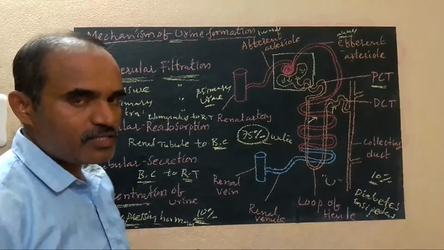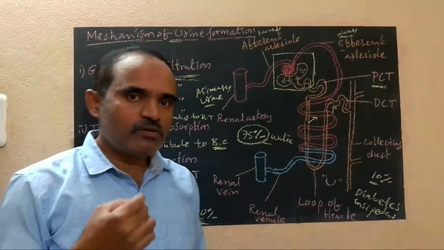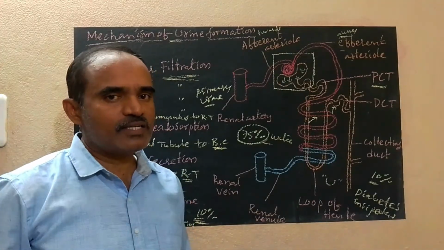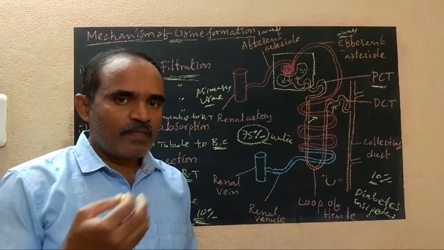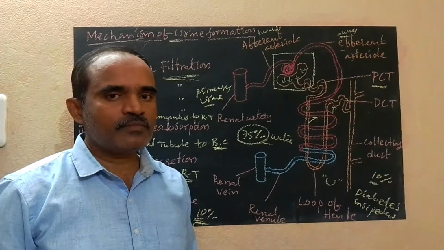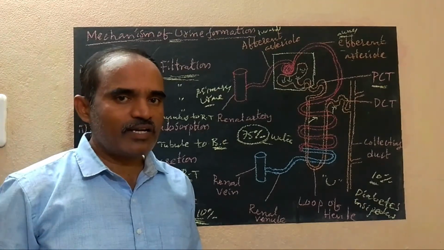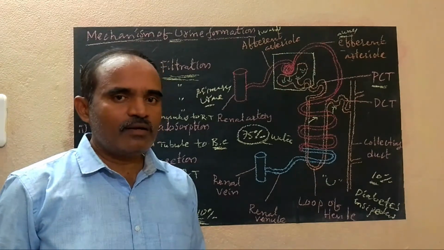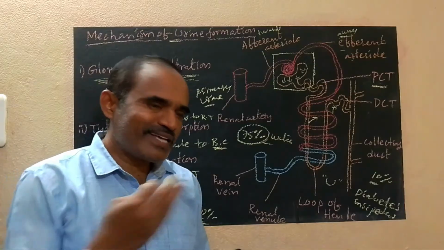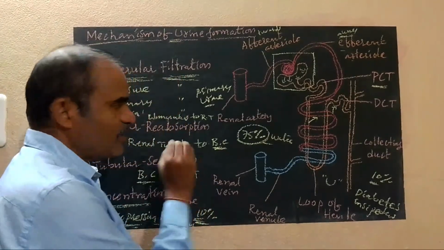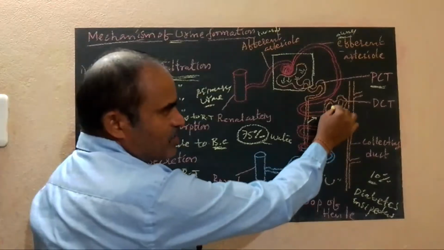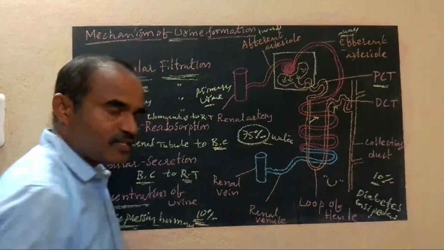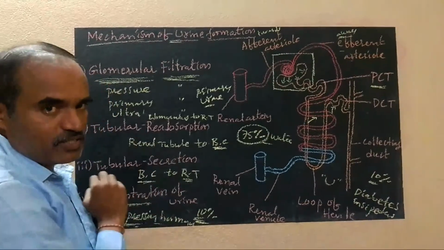Waste materials and ions like urea, uric acid, sodium, potassium, hydrogen ions, and creatinine, all the unuseful substances, are secreted into the renal tubule. From blood capillaries to renal tubule, it takes place in the loop of Henle and DCT. This is tubular secretion.